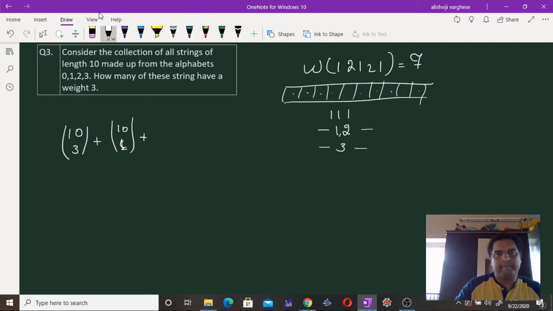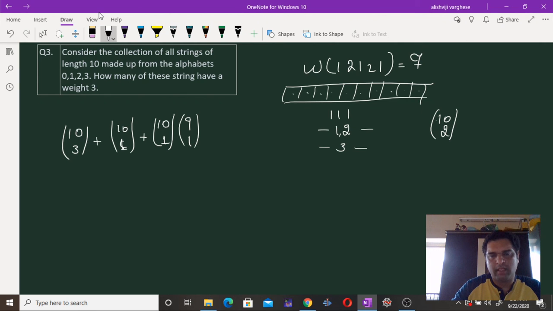Either we can choose a position first from the 10 positions for which we put a 1, and then from the remaining 9 positions we choose a position to put the remaining alphabet, which is 2, or we can choose two positions from 10 positions and put 1 and 2 in those positions.